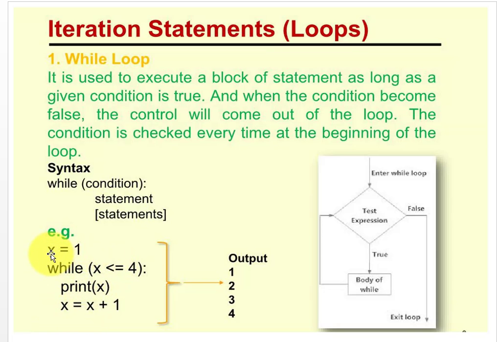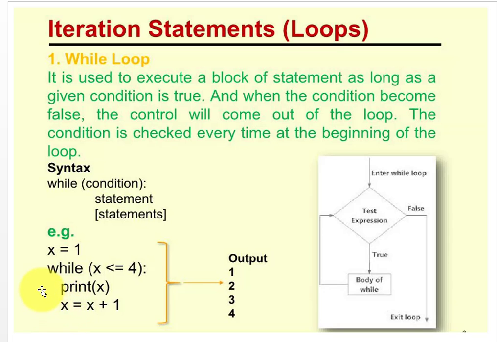Look here. x equals 1. Is 1 less than or equal to 4? Yes, the condition becomes true. So the loop body will be executed. In x we have 1, so 1 will be printed. Next, 1 plus 1 becomes 2, so the x value has changed to 2.